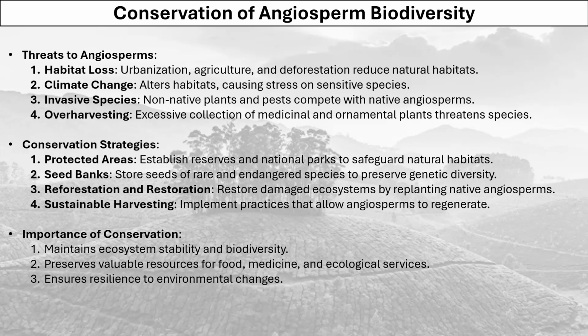The conservation strategies for angiosperm preservation should include protecting areas like forests by establishing reserves or national parks, creating seed banks for saving the seeds of rare and endangered species, reforestation by growing more plants and creating new forests, and sustainable harvesting.